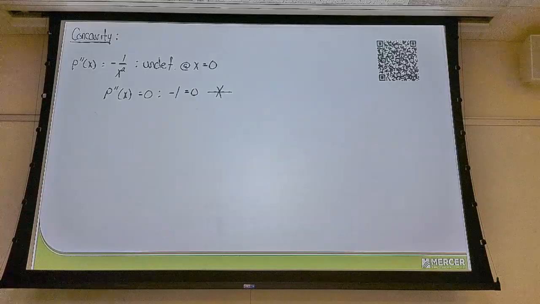P prime does not equal 0. Is 0 interior? No. Means that P prime has no critical points.